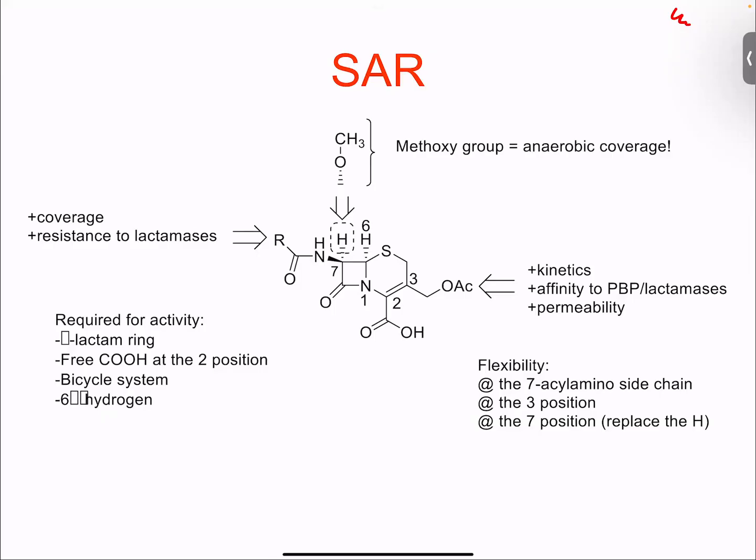It's a little bit larger because that extra carbon in the 6-membered system is bigger than the 5-membered system and imparts a little bit less ring strain on the beta-lactam ring. That less ring strain then contributes to a little bit increased stability.